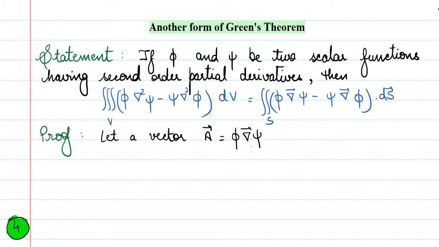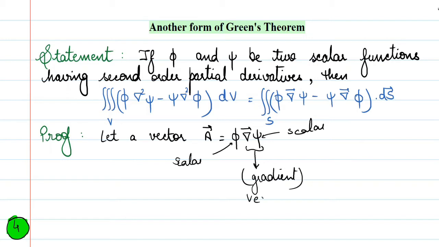Here you know that phi is scalar and psi is also scalar. When del operates on psi, which is a gradient, this comes out to be a vector. And when a scalar acts on a vector, again we get a vector.